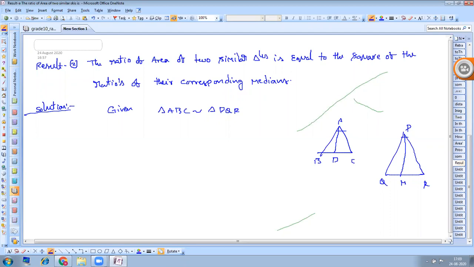Anyone tried? Anjani, are you trying? Yes, sir, I'll do it. In the same way, take the medians, take any one triangle, ABD and PQM, and prove both are similar to each other.